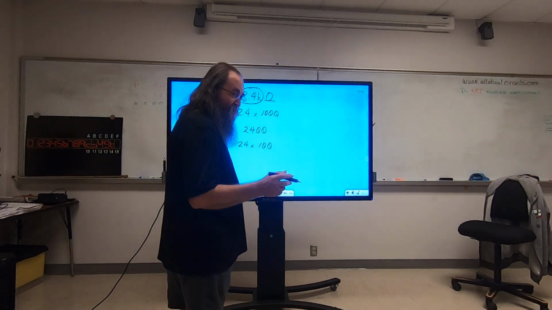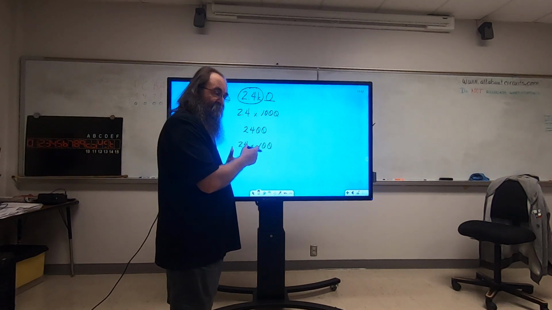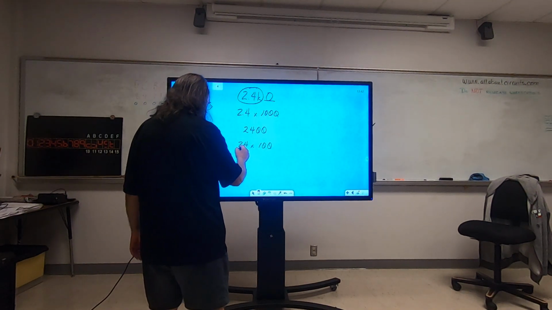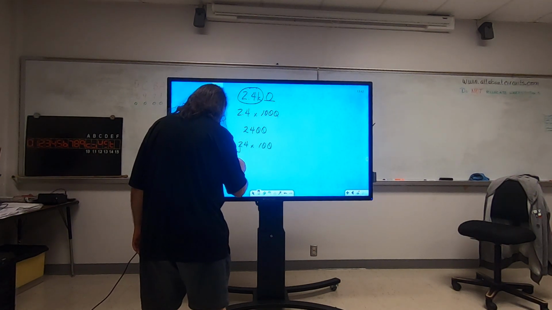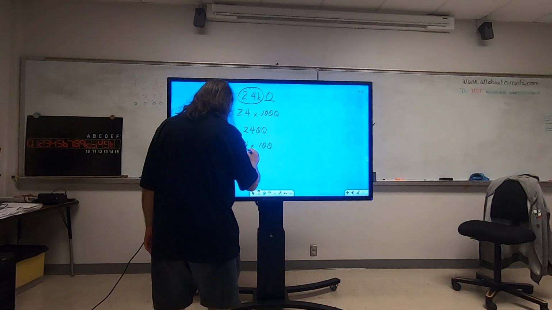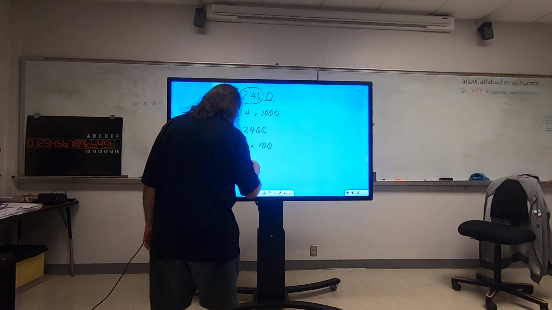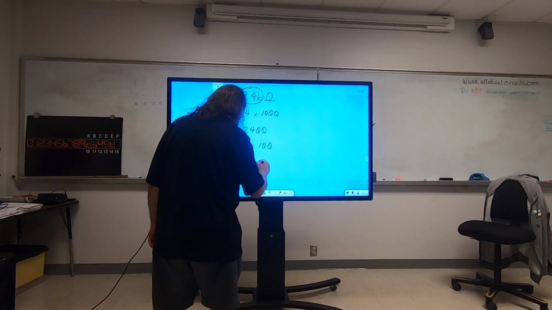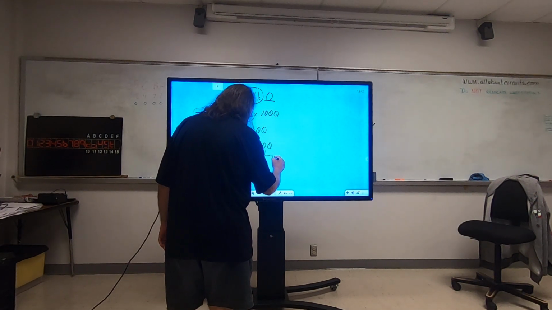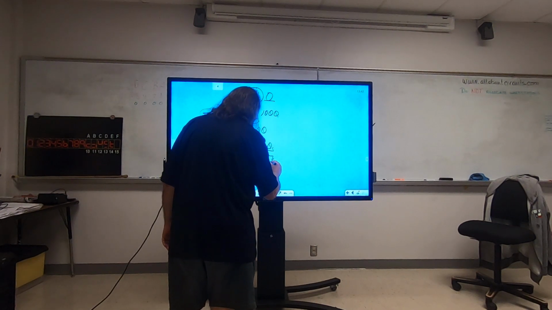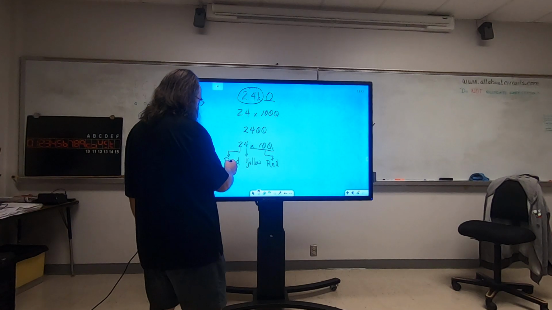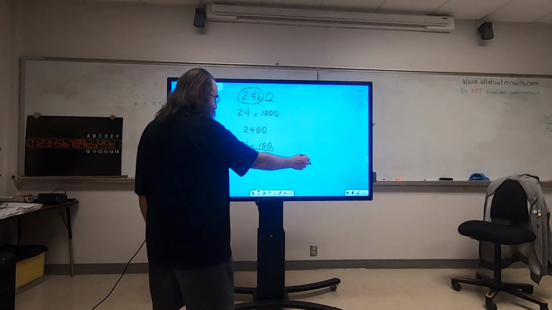So if I go back and I look at my chart, it tells me that 2 is red, 4 is yellow, and times 100 actually is also red. So my resistor then should be red, yellow, red.